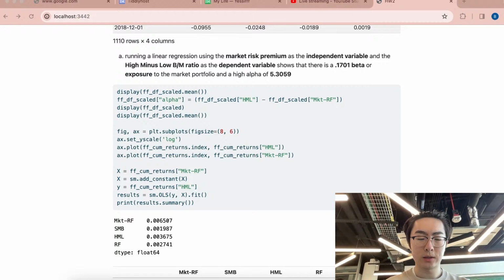Okay, so maybe I might not want to use the cumulative returns actually. Let me just try using the scaled returns first.